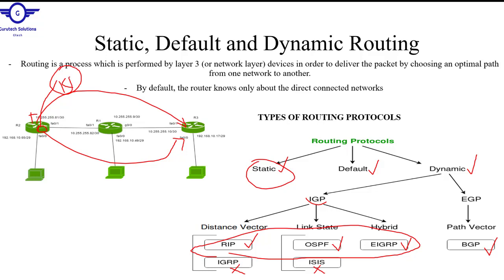The ISP, the internet service provider, connects a lot of networks. So whenever we want to make this router aware that there are other networks connected to the ISP, we implement what is called a default static route, and we are going to do them practically so that you understand better.